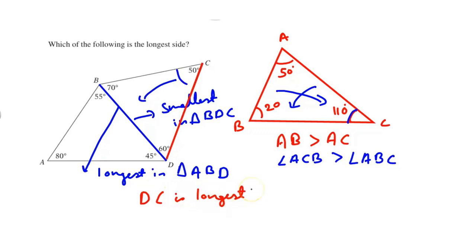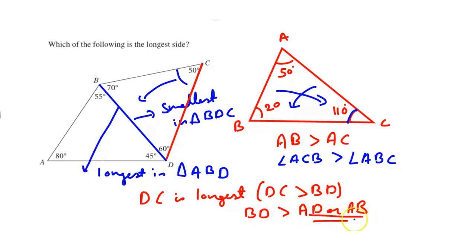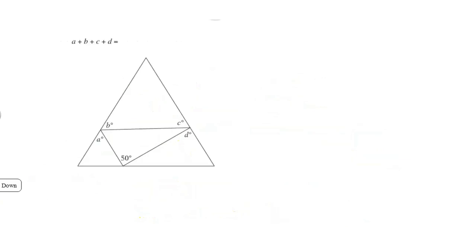The thing was that we can only compare in one triangle, so we can't automatically say if DC is greater than these two sides, but because DC is greater than BD and BD is greater than AD or AB, that's why we can say that it's automatically greater than AB and AD also. So this will be the answer. DC will be the longest side in this figure.